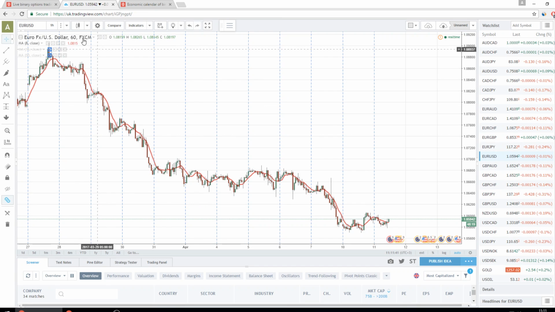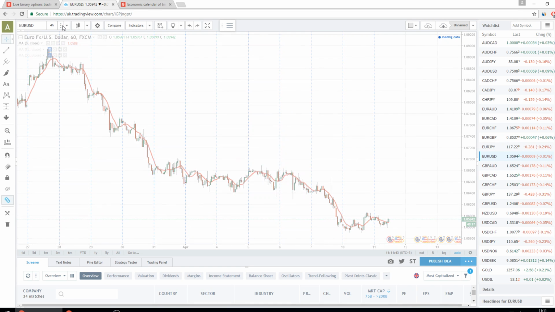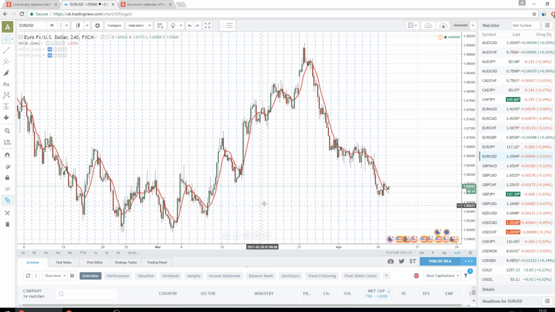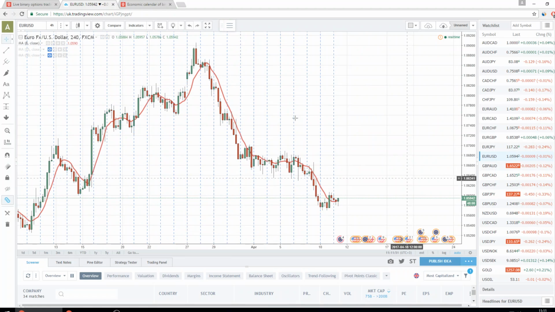How can it help us in our analysis? How can we understand the trend based on the moving average? If you pay attention to this chart, you will understand how simple it is. When the candles are above the moving average, it means that the trend goes up.